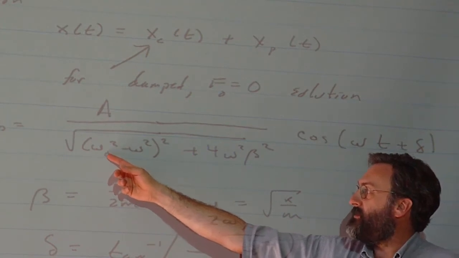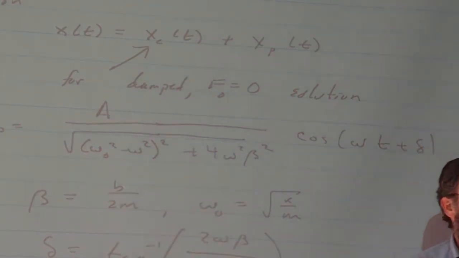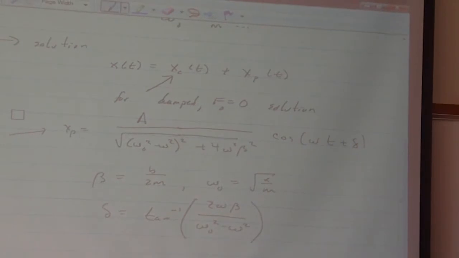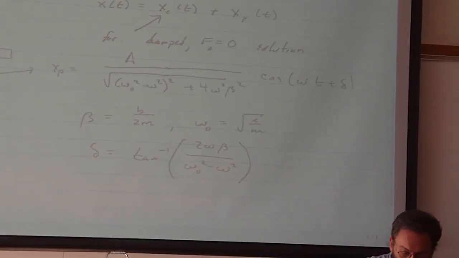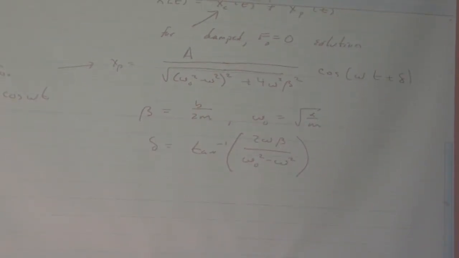And the other thing which is interesting about this is that there's omega 0 dependence down here. So how big the amplitude of the final oscillation becomes depends on this omega 0 parameter. And a couple things to notice here.